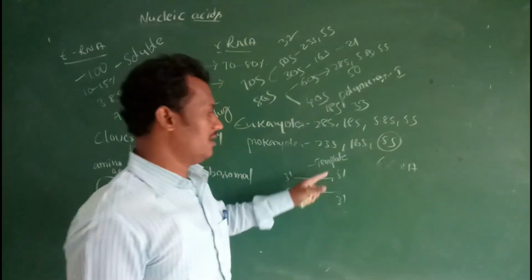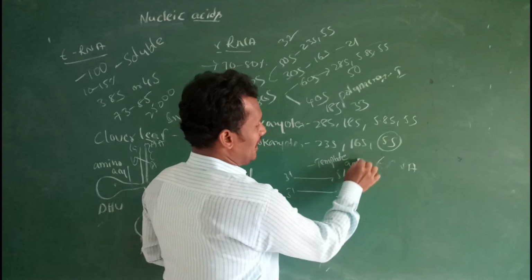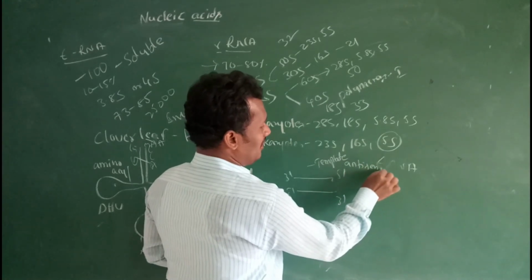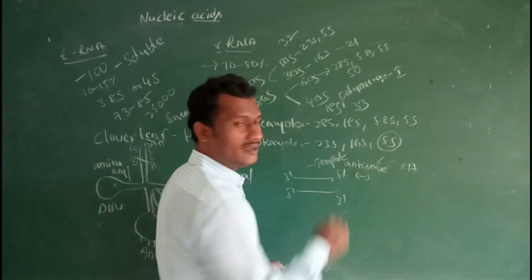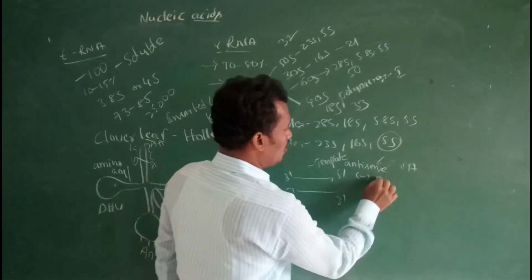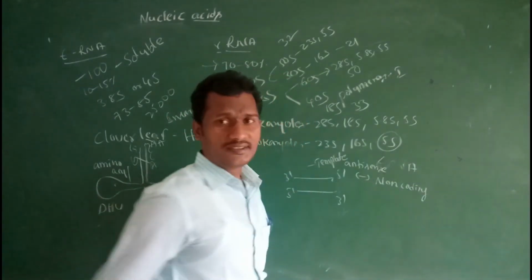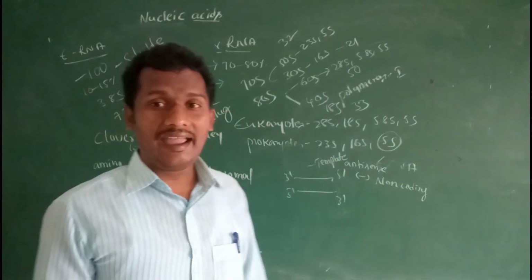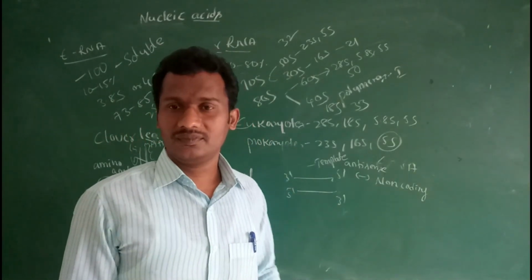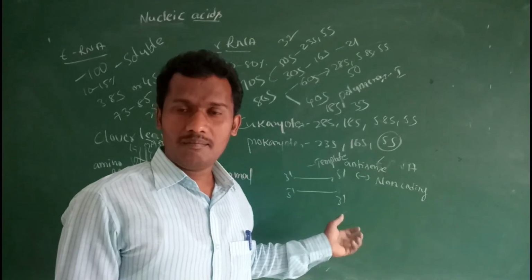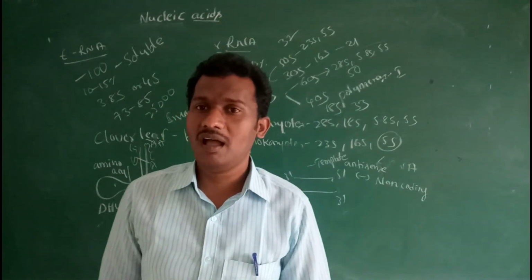This is also known as the antisense strand, minus strand, non-coding strand. This strand acts as a template for the formation of RNA.